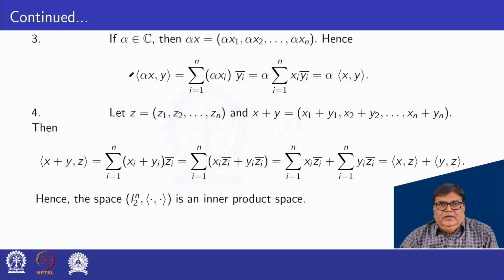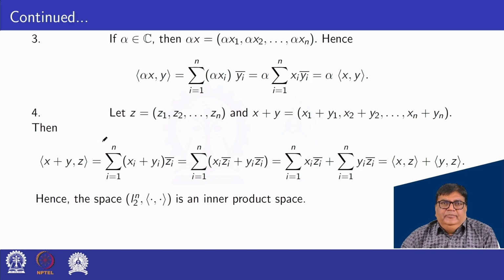As per the statement of the inner product of this example, we can write this inner product as the summation i equals 1 to n of alpha xi yi bar. Here alpha is independent of i, so we can write alpha outside the summation: alpha into the summation i equals 1 to n of xi yi bar, and again this can be written as the inner product of x, y. So the inner product of alpha x, y equals alpha into the inner product of x, y.